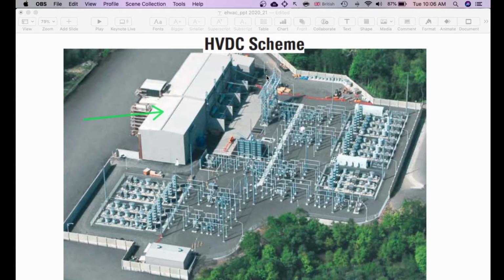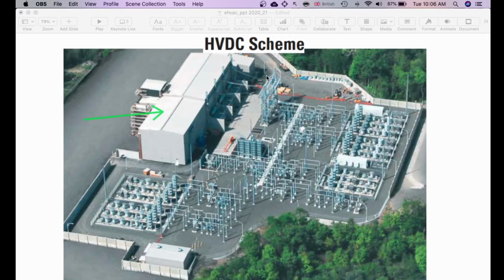You might have studied in power electronics that individual thyristors of 6 kV and maybe 1000 amperes, 2000 amperes are available. So it is possible to connect several thyristors in series and obtain high voltage blocking capability of the order of plus minus 500 kV, like in case of Chandrapur Padge scheme. It's an 800 kilometer transmission all the way from Chandrapur to Mumbai. So that is the first part.